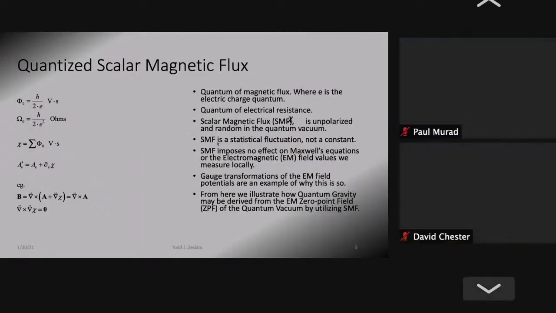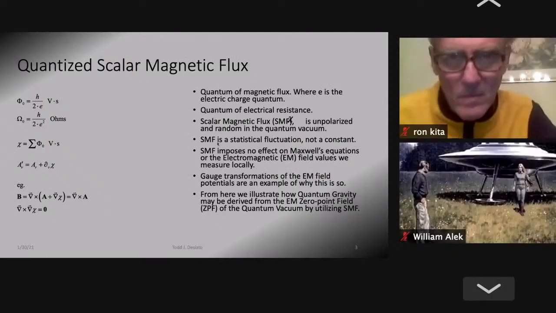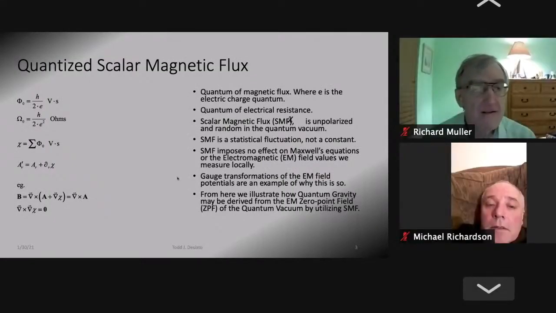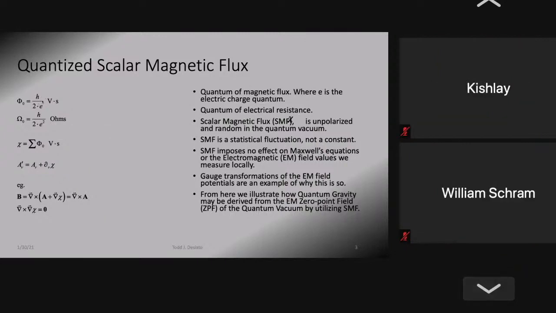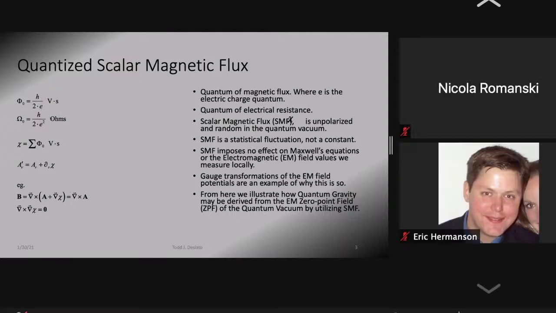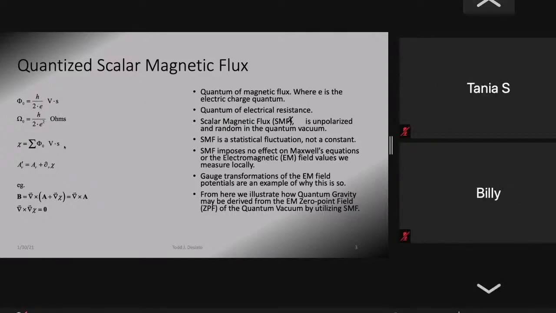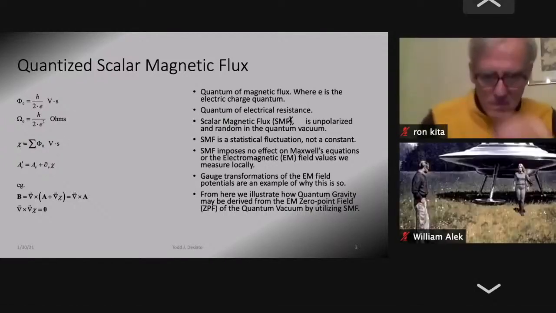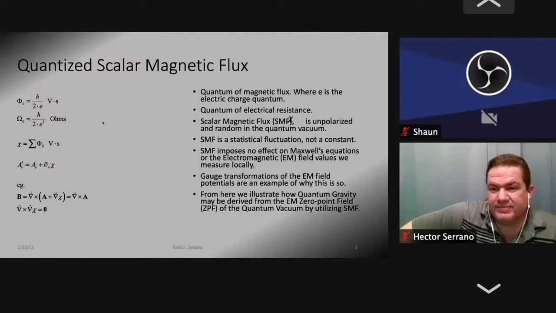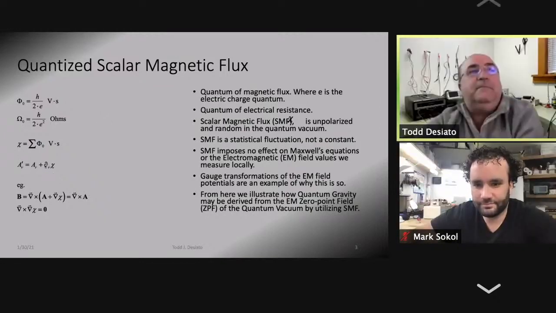So just really quick, because this is from my presentation before for those who didn't see it. I use scalar magnetic flux, quantized scalar magnetic flux. This is the basis of resistance because ohms is basically flux per unit charge. And the scalar field is here, and it's the variable that is used to change the gauge in the Lorenz gauge.